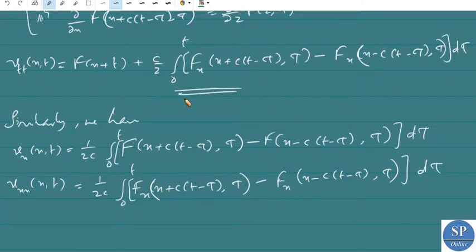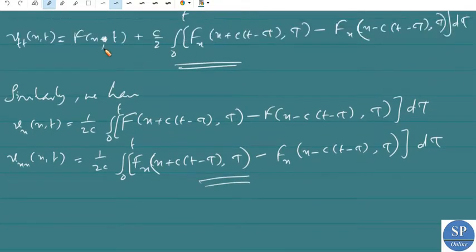So we have obtained vtt equal to this and vxx equal to this. So here actually f of x comma t, right? So now from this we can write, this is vxx. So c square into vxx is nothing but c square by 2c into this. So this is c by 2 into this. That means which is equal to this.